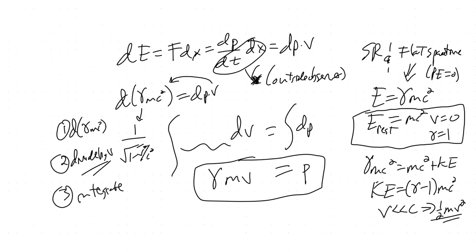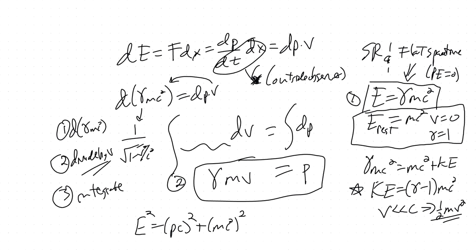I'll leave that as an exercise for you to do on your own if you wish. But it's kind of fun to show that this equals 1/2 mv squared at low velocities. That's kind of cool, right? I thought you'd like that. So if you have our equation 1 and our equation 2, you can show they satisfy this relation. Again, I'll leave it as an exercise for you to plug energy in here, right?